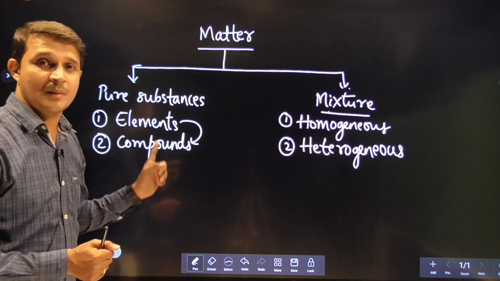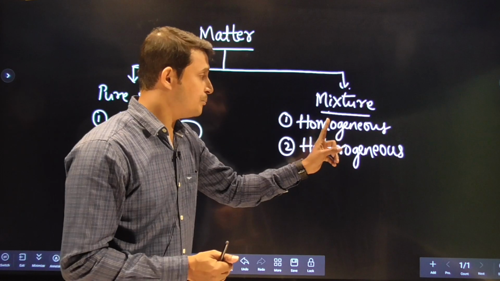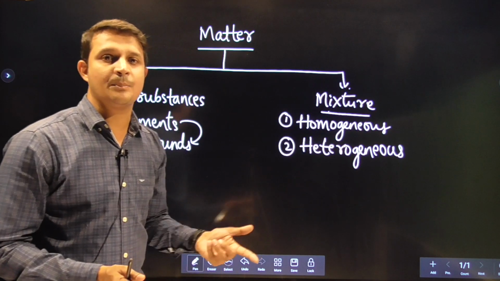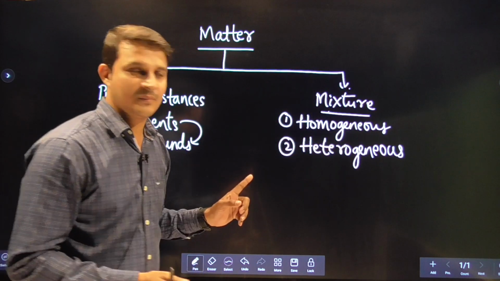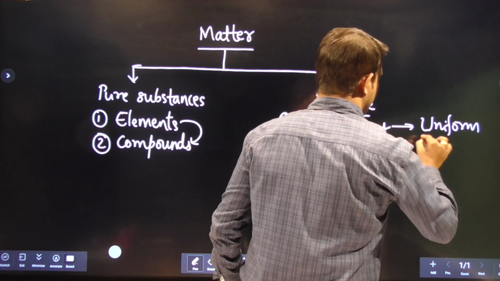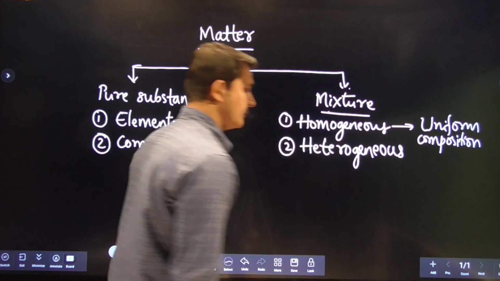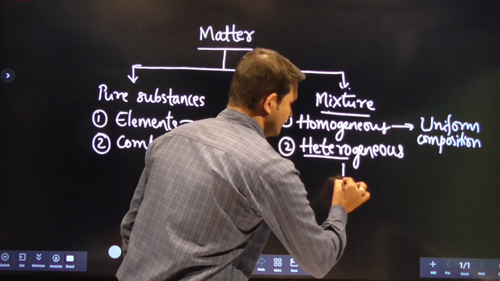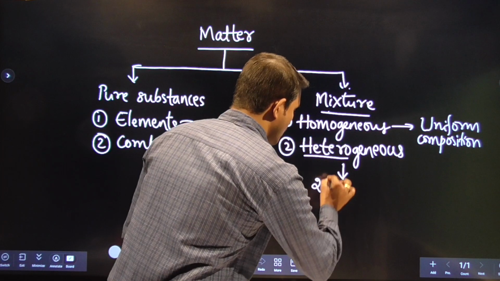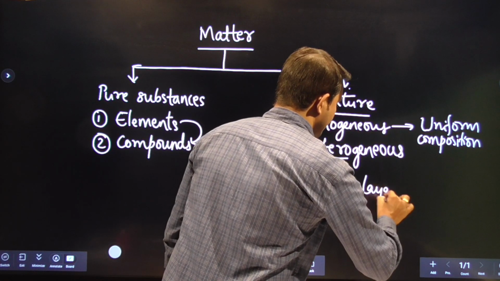Here they are pure components, but here they may or may not be pure. Pure in the sense that their layers are inseparable. Homogeneous has uniform composition. Heterogeneous has non-uniform composition, where you can find two or more layers.